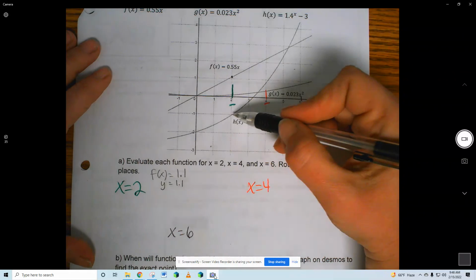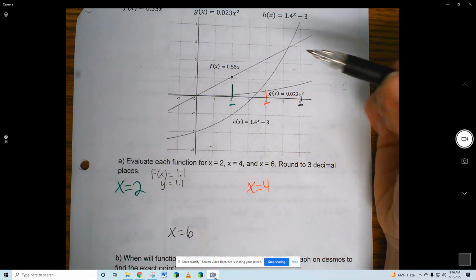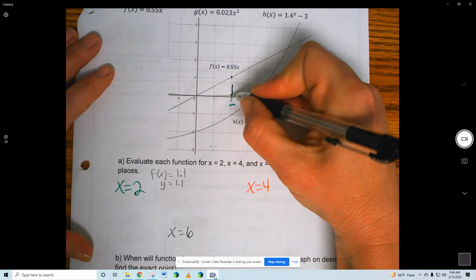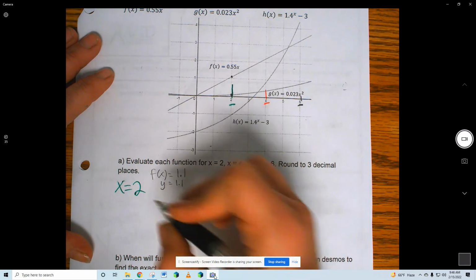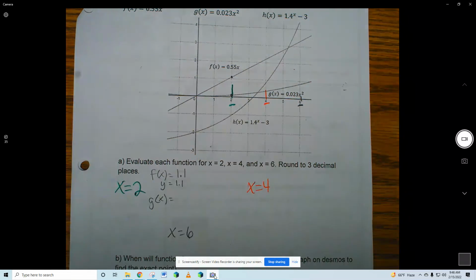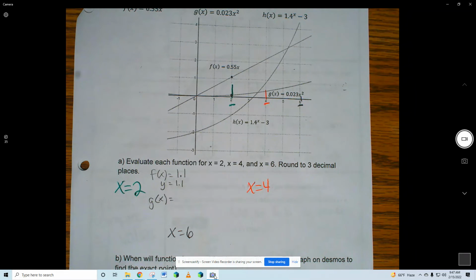How about on g of x? Right here. Can you please click on g on your computer screen? 2 comma what? What is my ordered pair? The blue line. When x is 2, 2 comma what? Approximately, what is it? On your blue line, guys.